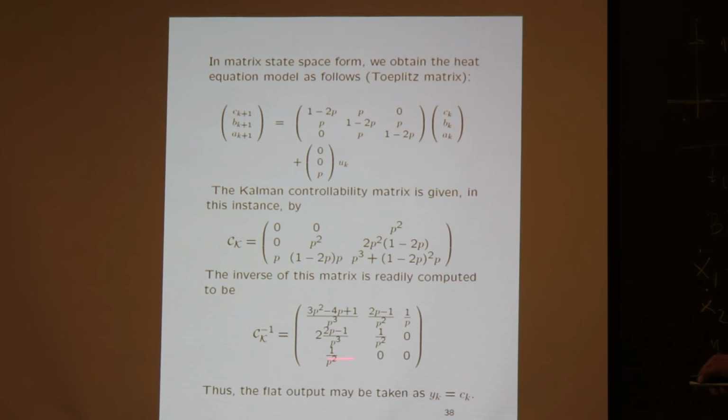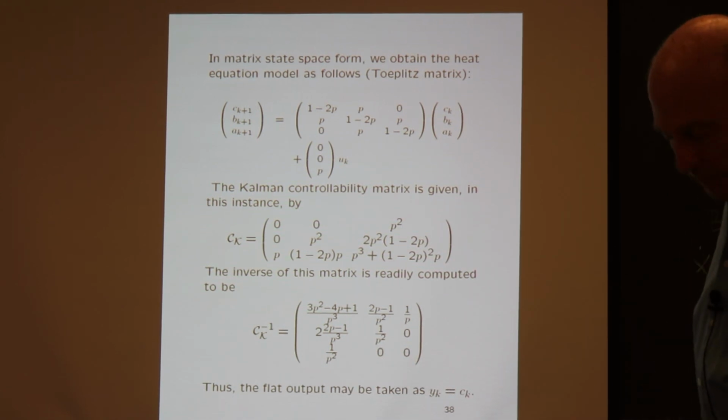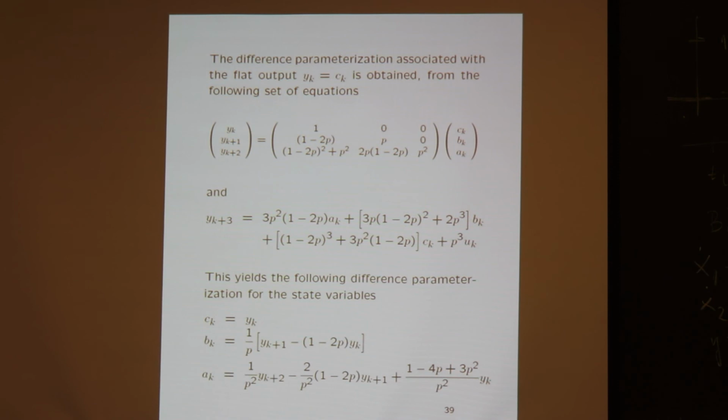So the last row of the inverse of the controllability matrix tells you that because you have chosen this state, the flat output is proportional to the first state. So that's the flat output. And you can obtain the difference parametrization or the observability matrix by taking the several forward time shifts of the flat output up to the second order and relating them to the state.